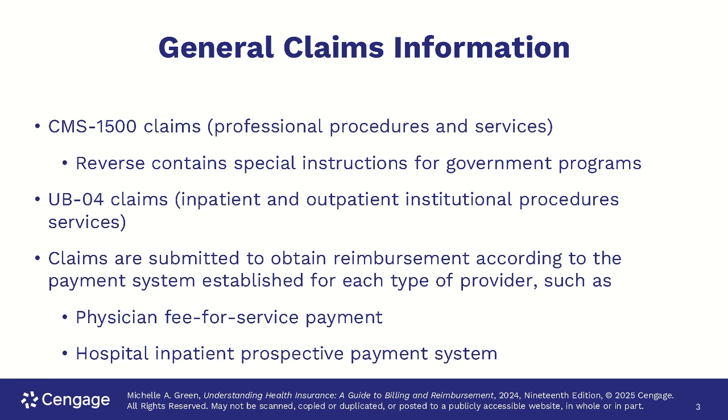Keep in mind that both of these claim forms, when we're talking about Medicare, will go to the Medicare administrative contractor. I want you to think about this because we just talked about compliance. Let's say a patient is admitted to the hospital and the hospital submits their UB-04 claim form. And then the doctor that saw the patient submits their 1500 claim form.